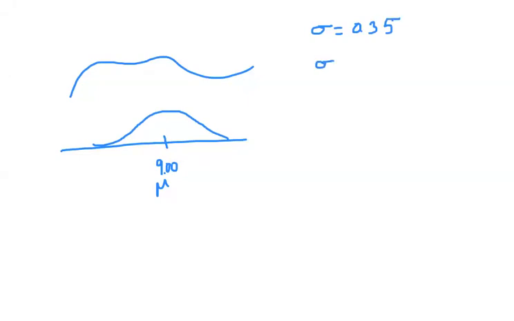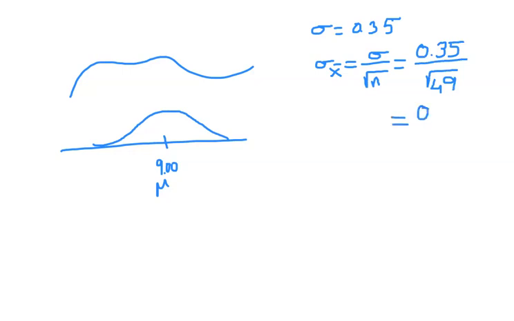Sigma x bar is calculated by sigma divided by square root of n. So sigma is 0.35. Square root of n is square root of 49. When we do this calculation, we end up with 0.35 divided by 7, which is going to give us 0.05 milliliter. We got our sigma x bar.